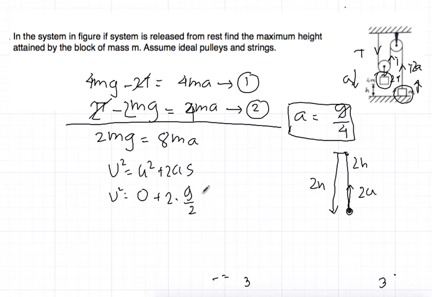Into the height attained by this, 2h. Are you getting it? So the velocity square at this point, after attaining height 2h, when this body has gone down by h, is 2gh.